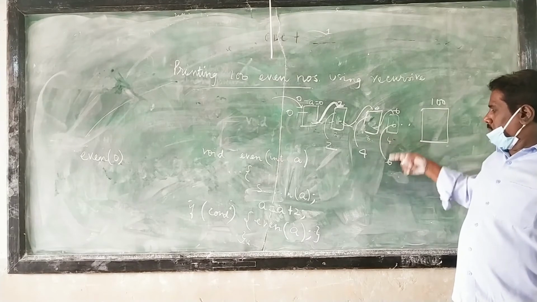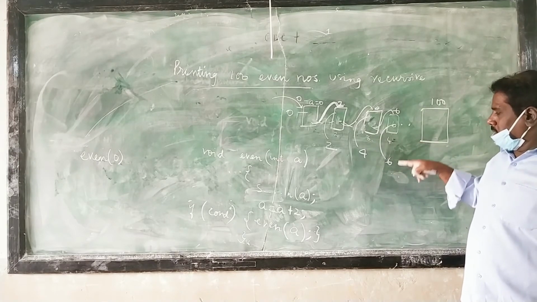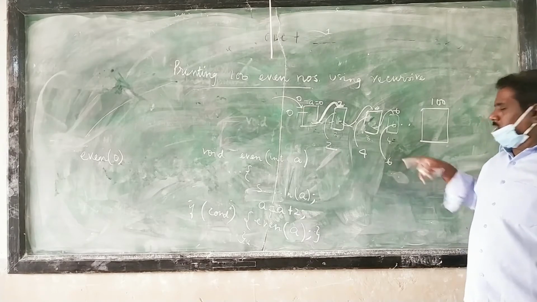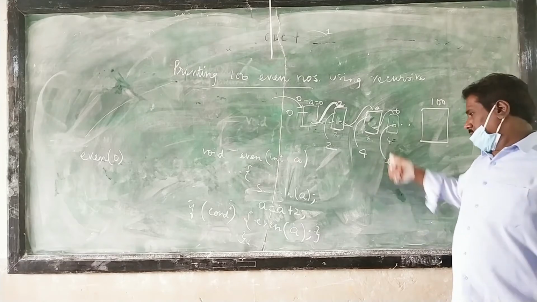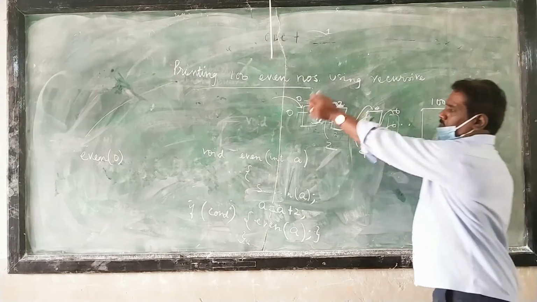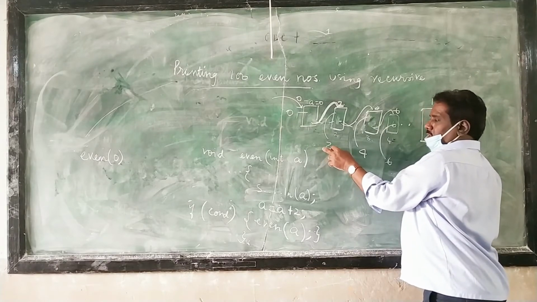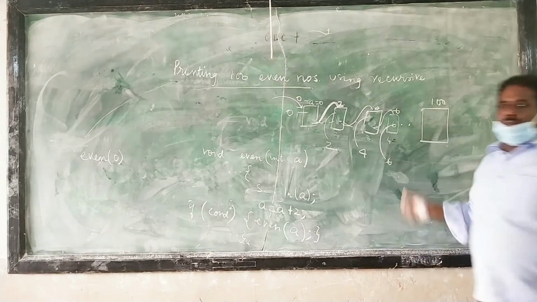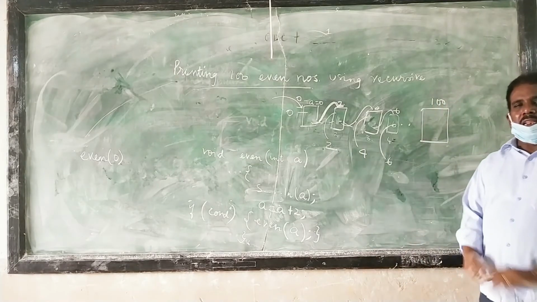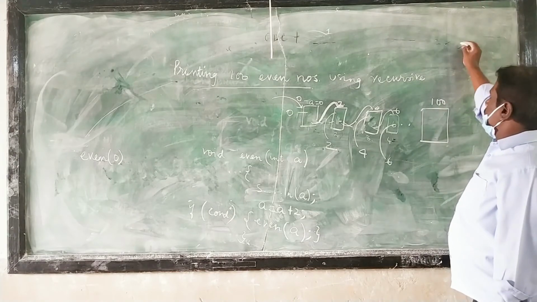From the even number we will be able to find out whether it is the third or second or fourth even number. 0 is the first even number, 2 is the second, 4 is the third, 6 is the fourth. Is there any relation?